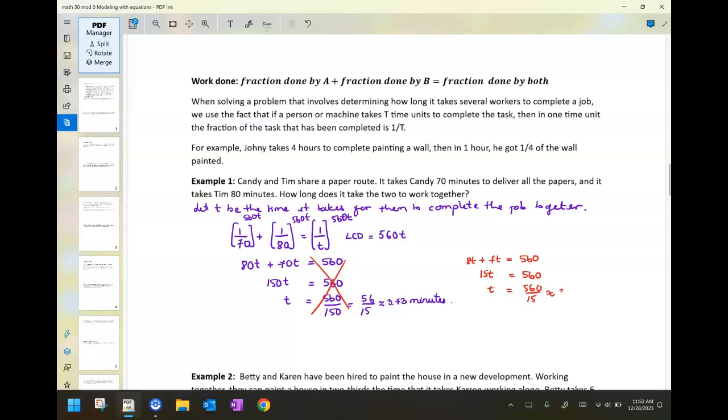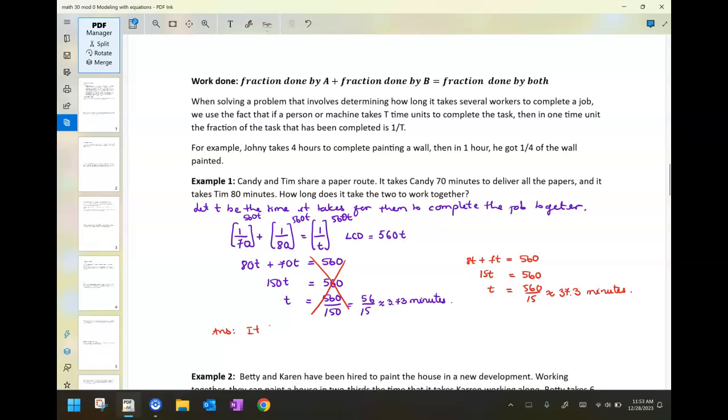So this is about 37.3 minutes. Okay, so this makes a lot more sense, right? If Candy takes 70 minutes and Tim takes 80 minutes, together they take on average about 37 minutes to get the job done.